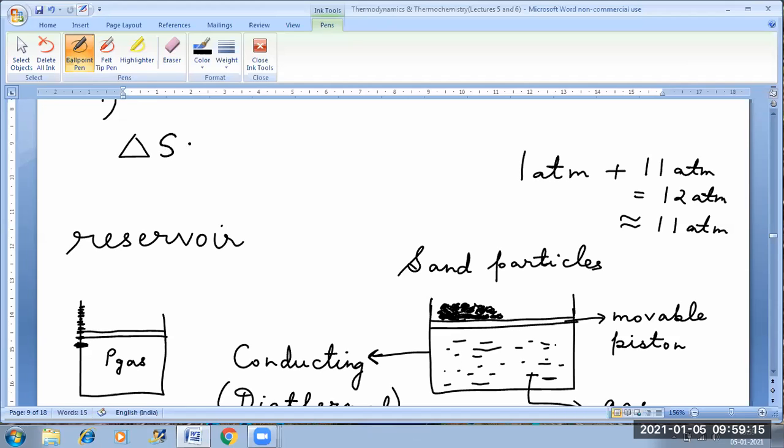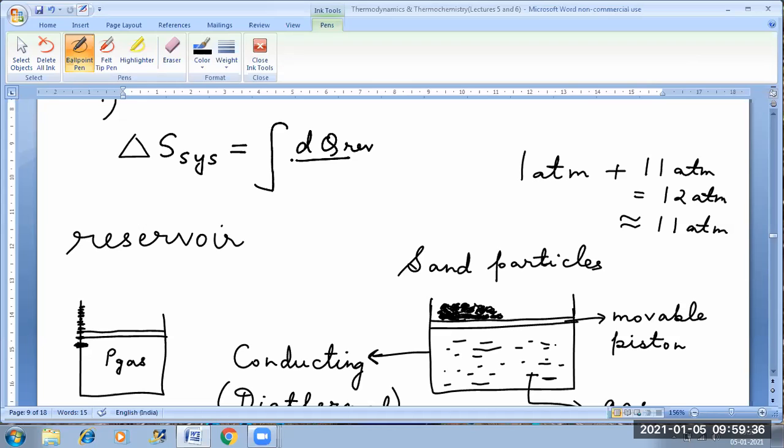Delta S system is equal to the integral of dq system upon T. The process is reversible, so by default I can take the same value of dq, that is the actual dq. Why? Because the process itself is reversible.